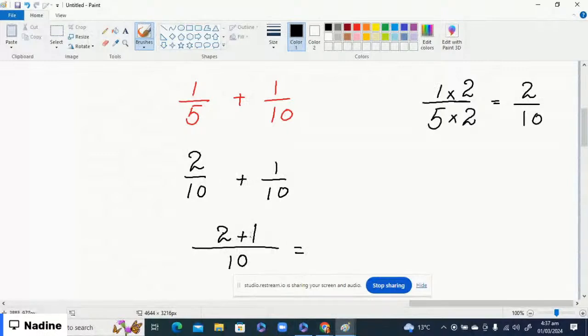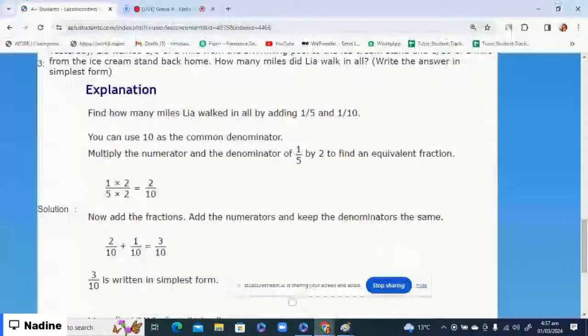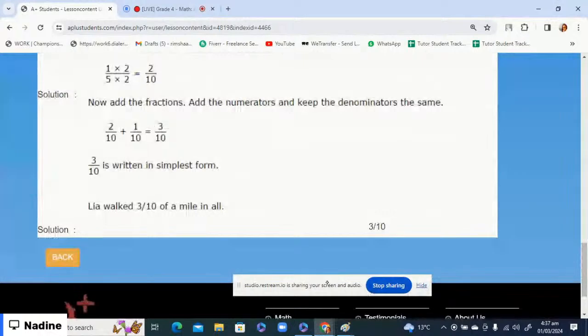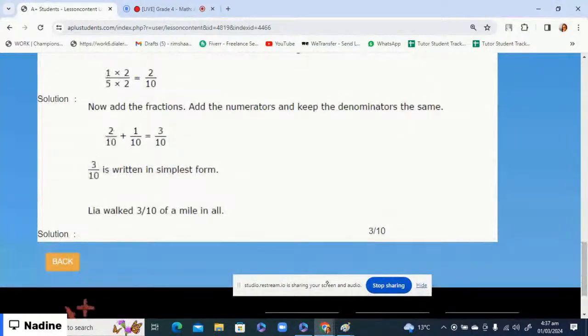So 2 plus 1 is 3 over 10 is your answer. Okay, so how much mile walked in all? 3 by 10. Leah basically walked 3 by 10 of a mile in all. Okay, let's do the next part.